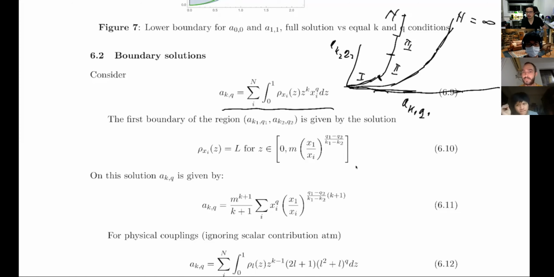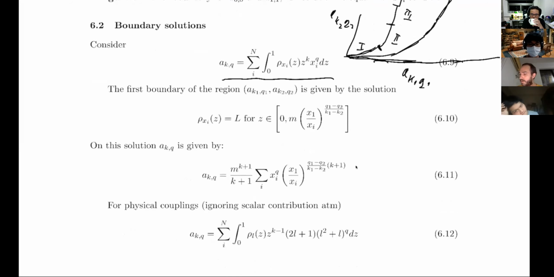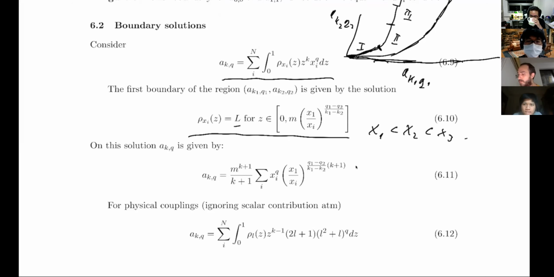So maybe we can go through these formulas. Yes. So this solution is for the first boundary. It's always the first one that appears, where all of the rho xi are given by this. So it's L on this interval, where I'm assuming that you have x1 smaller than, so it's like this.